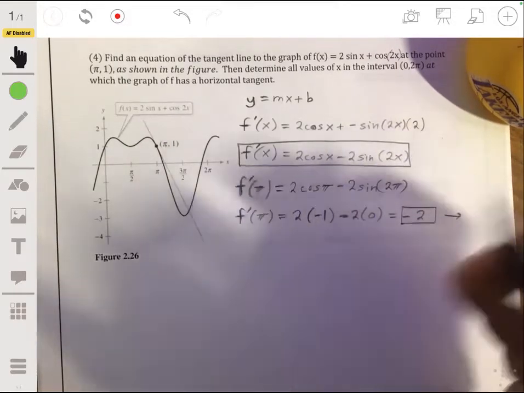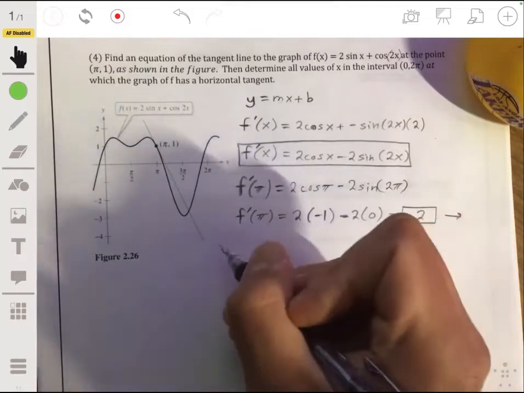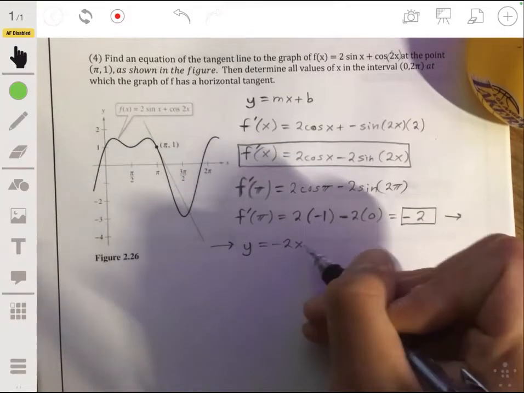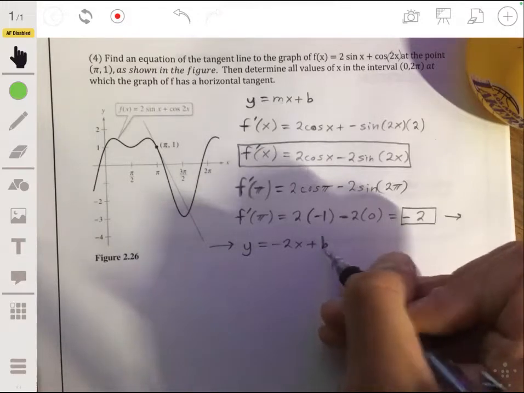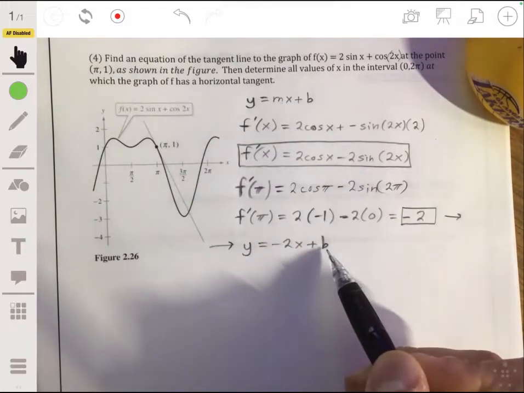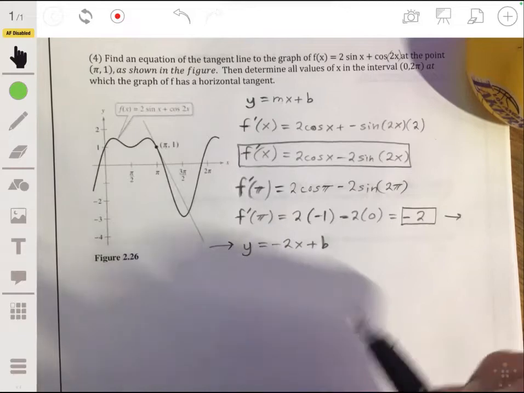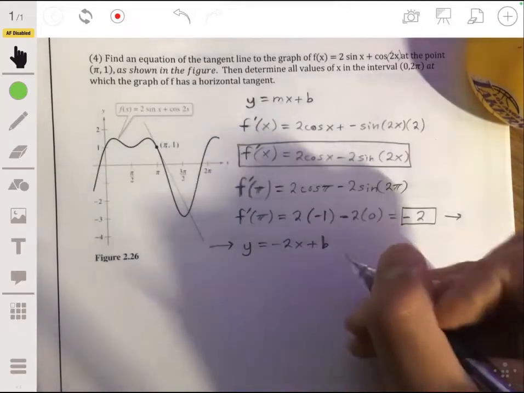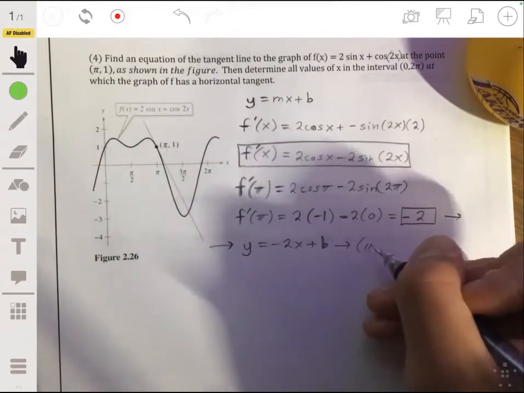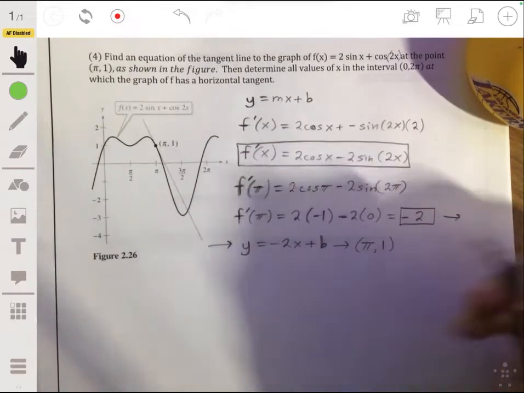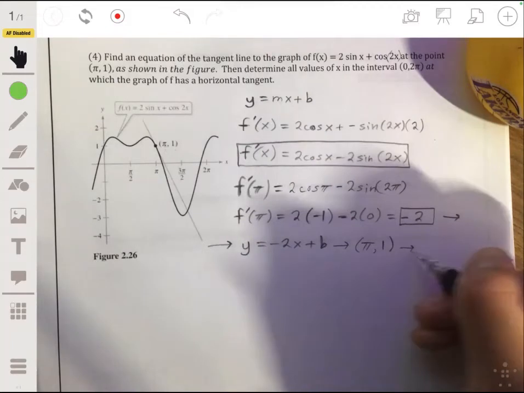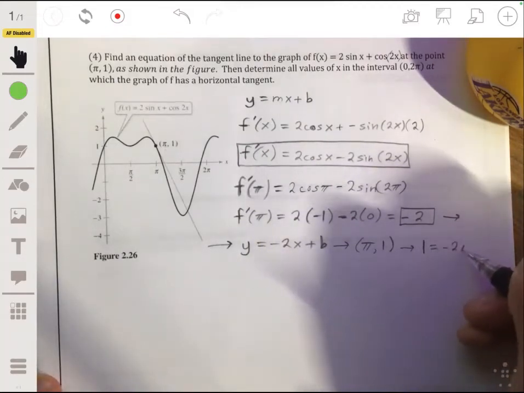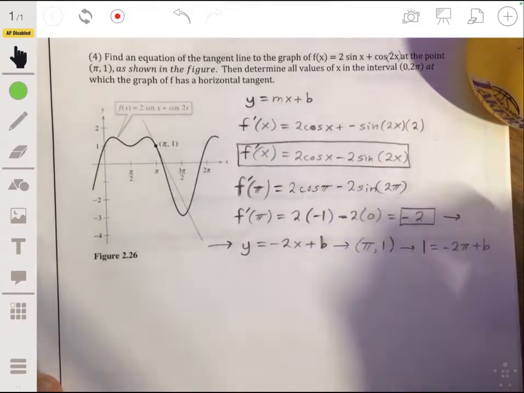Now that -2, we put it into our equation here. So far we'll have that y is equal to -2x plus b. So we need to find the value of our y-intercept b. For that, we just plug in the value of x and y at that point. So we have the point pi comma 1. And so our equation will look like this. 1 is equal to -2 pi plus b.